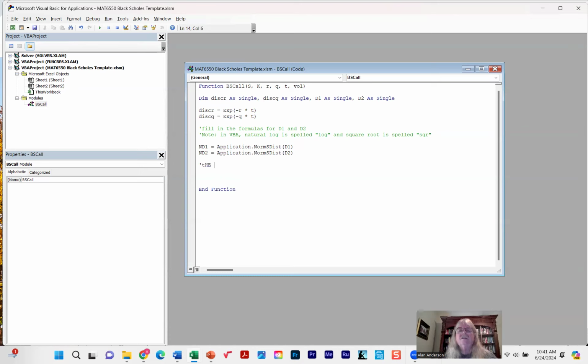The last line of the code will be, I'm going to leave it as a comment, I don't want it to blow up. You have to tell it what to do with this BS call value. And then what you're going to put here is the Black-Scholes formula.